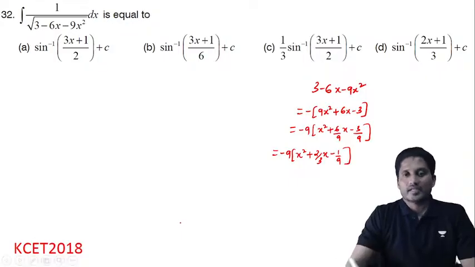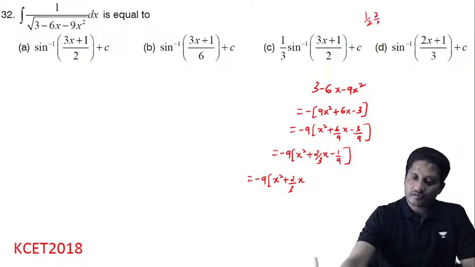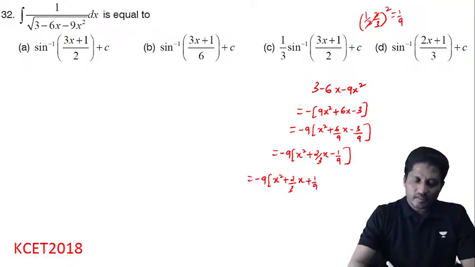Now we'll add and subtract half of the coefficient of x, the whole square. Half of 1 by 3... sorry, 6 by 9 is 2 by 3, half of it is 1 by 3, and the whole square is 1 by 9. So I add 1 by 9, subtract 1 by 9, and minus 1 by 3.